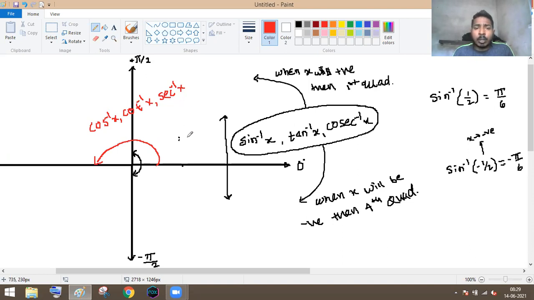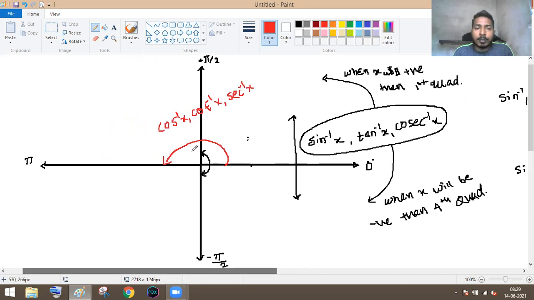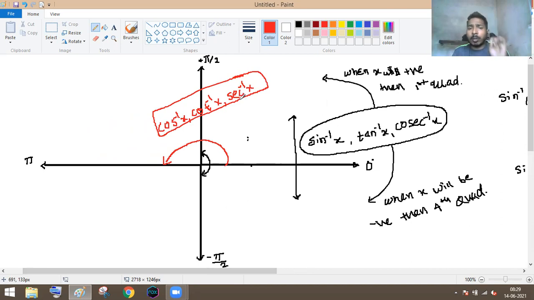But when do we talk about the first quadrant and when about the second quadrant? For this group, if x is positive, then first quadrant. For positive, always first quadrant.